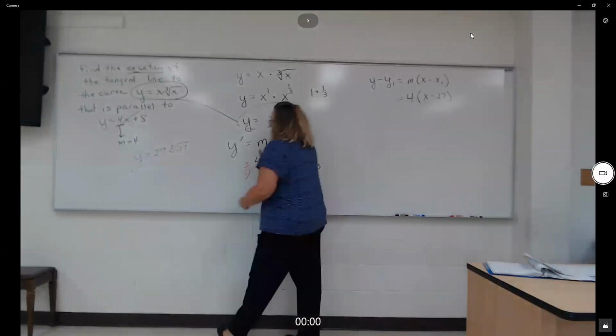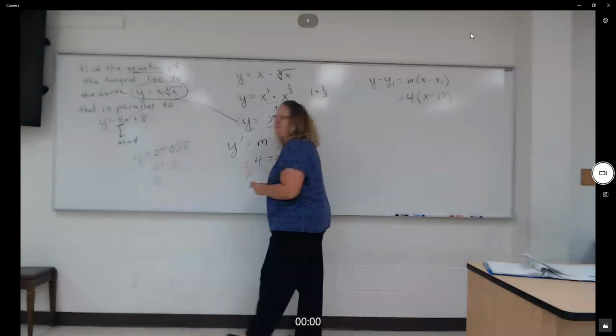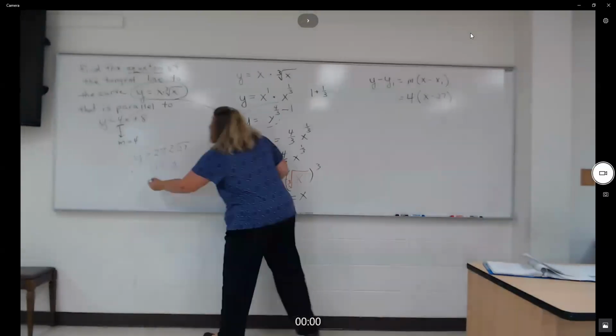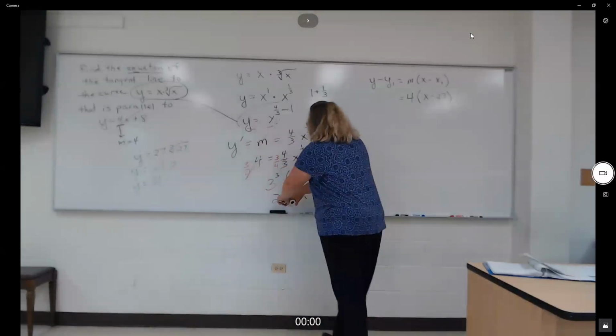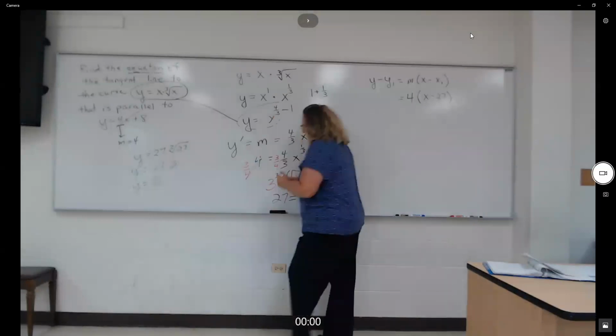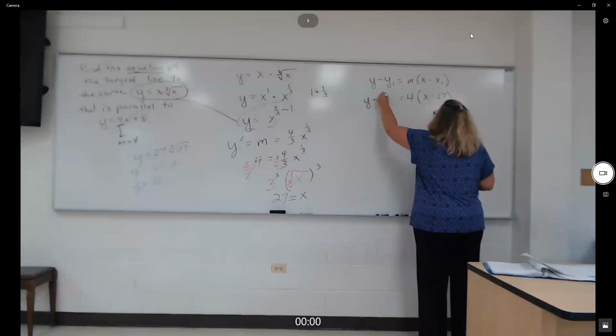Right, so that gives us what? 27 times 3, which gives us 81. Maybe I should write this so that's what y equals. So when x is 27, now I have an official point, y is 81, which means I can put that right in here.